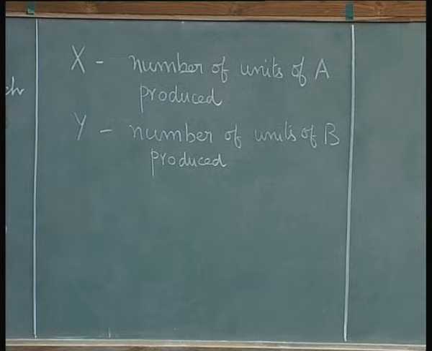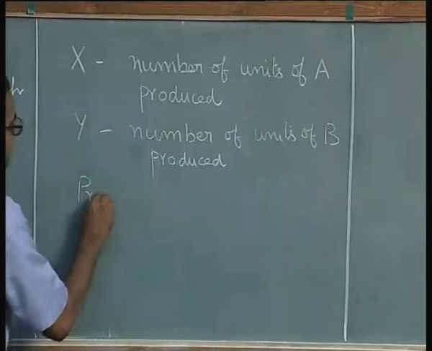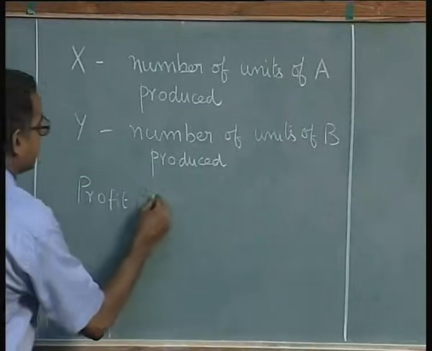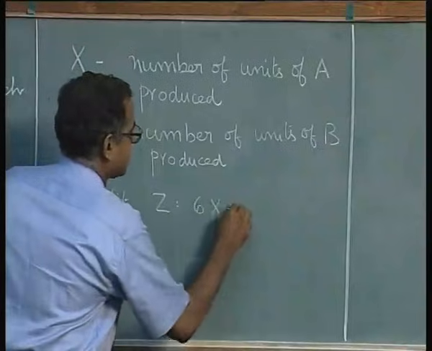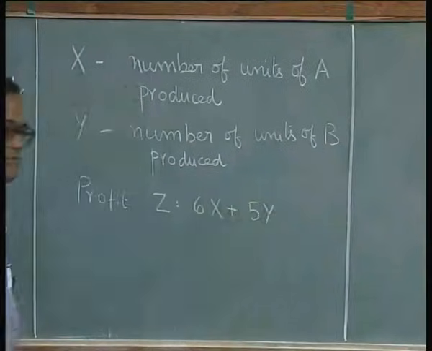So, if the manufacturer produces X units of A and Y units of B, then the money that the person makes, or the profit that the person makes, which we call Z, will now be 6x plus 5y.